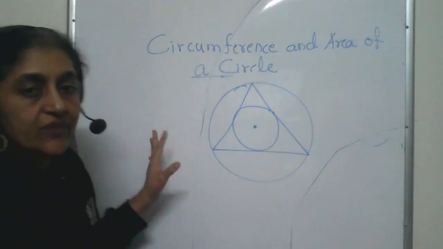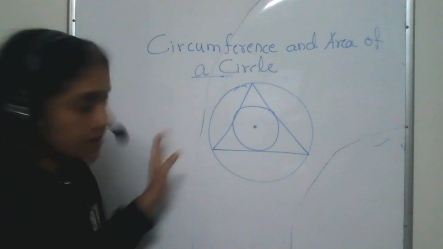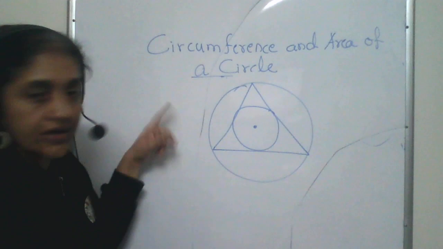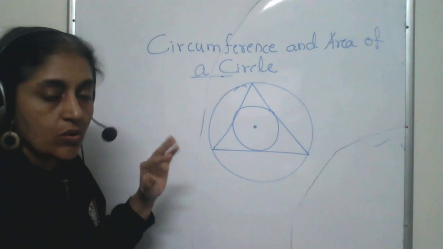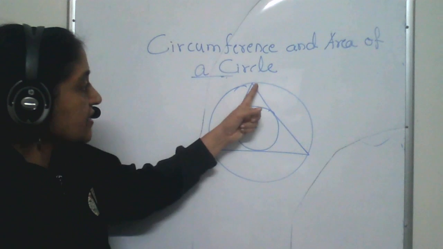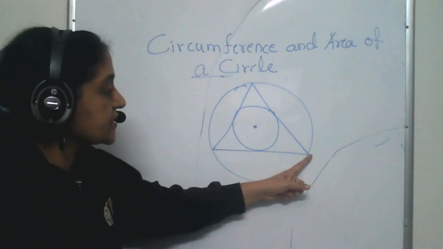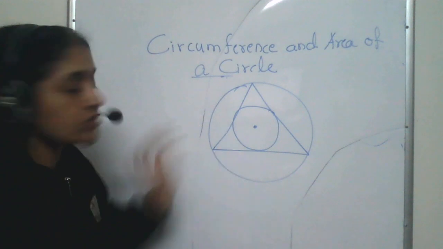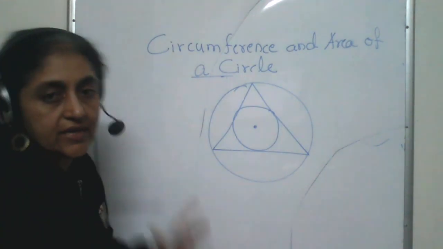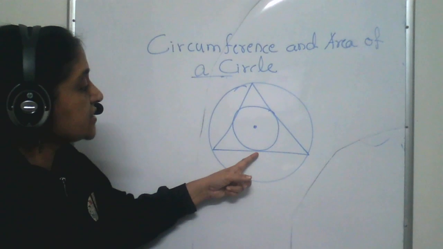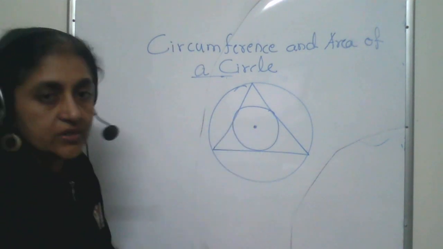But if we call it a circumcircle, it has to cover all the vertices of that figure. The difference: circumcircle covers all the vertices, whereas incircle touches all the sides of the figure that it is inside. Here it is touching the three sides of the triangle. So this is the concept.